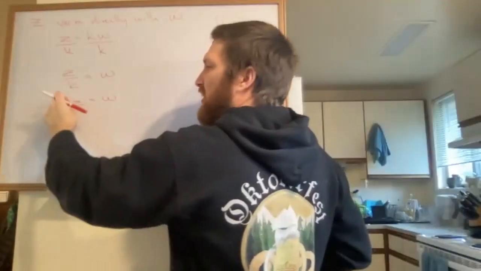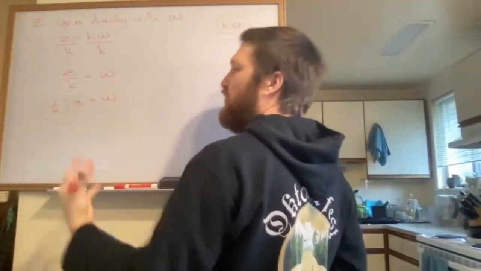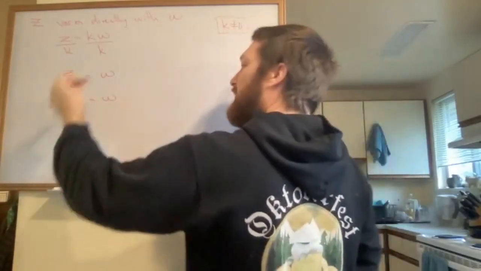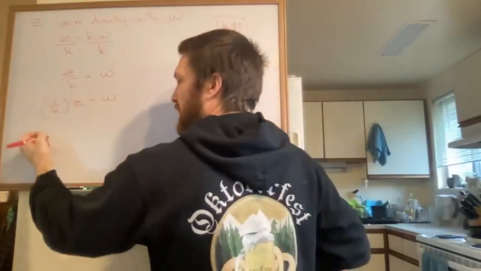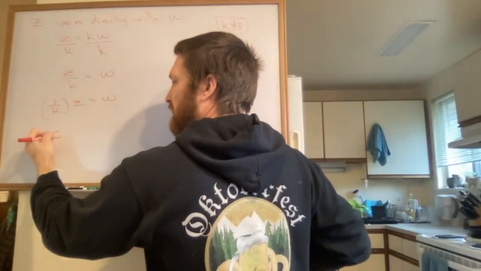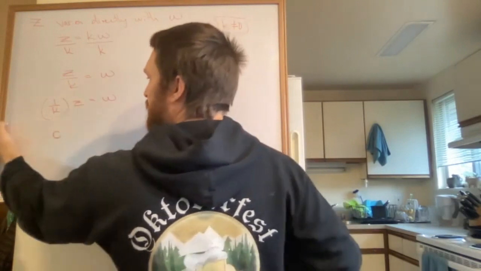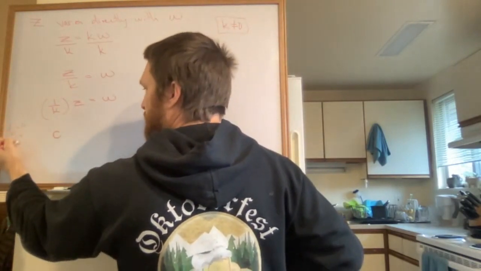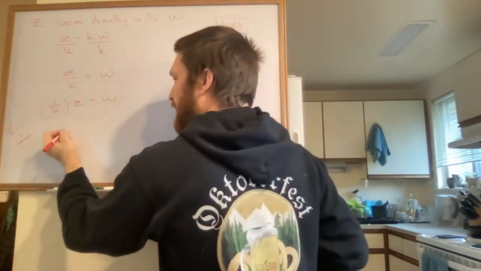This is just a constant. 1/2 is a constant. 1/K, since K is a constant, is itself a constant. So let's just write it as C for that constant. So in other words, 1/K is equal to C, a constant, because K is constant. K is not changing. Okay.